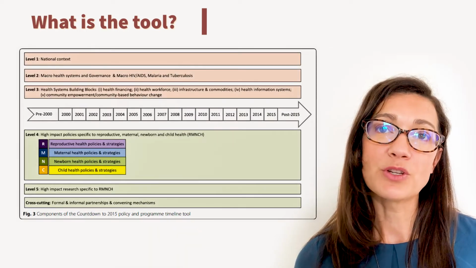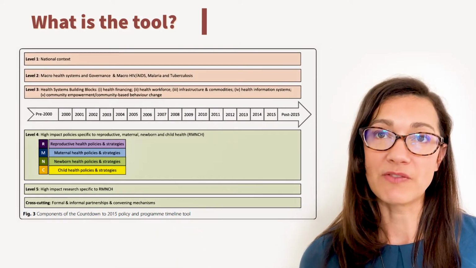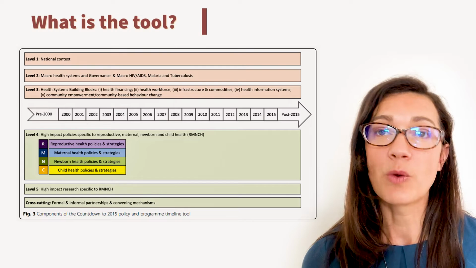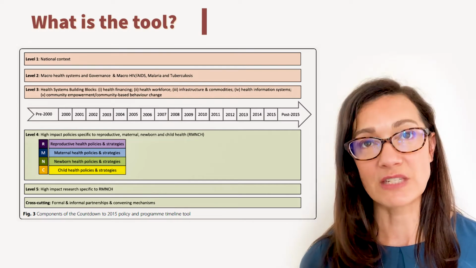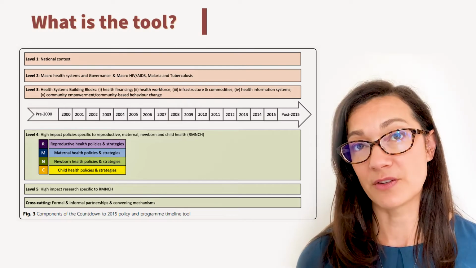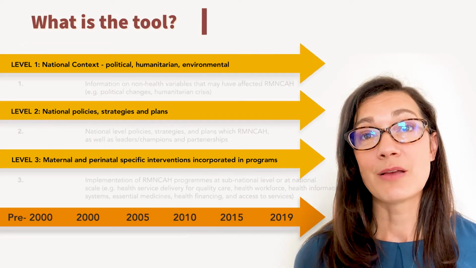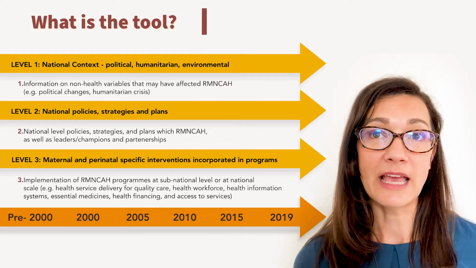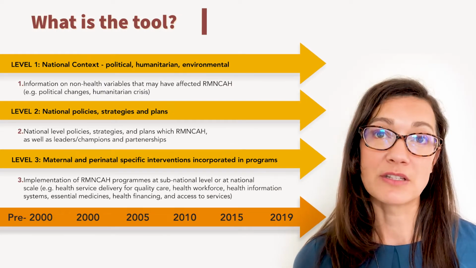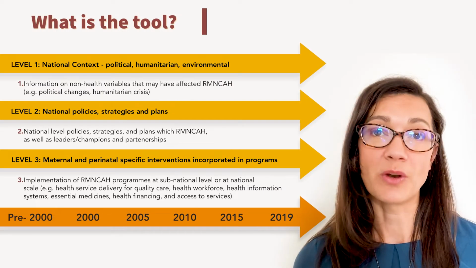So, for example, the tool used by Countdown to 2015 country case studies went from 1990 to 2015, and it included 6 levels. Whereas others may have different time periods they're looking at, or would like to look at different levels, such as the example that's shown on the slide. Likewise, the tool should include guiding questions tailored to the research aim and objectives to inform the analysis process.